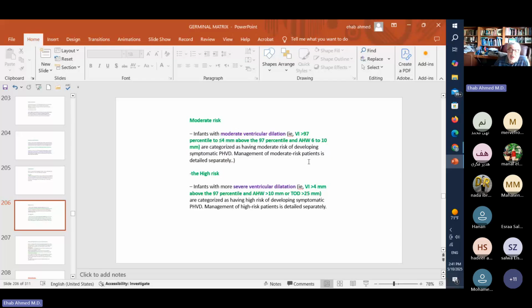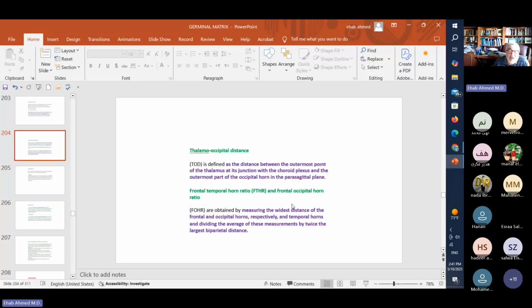Severe if the ventricular index is more than 4 millimeters above the 97th percentile, and AHW more than 10 millimeters.